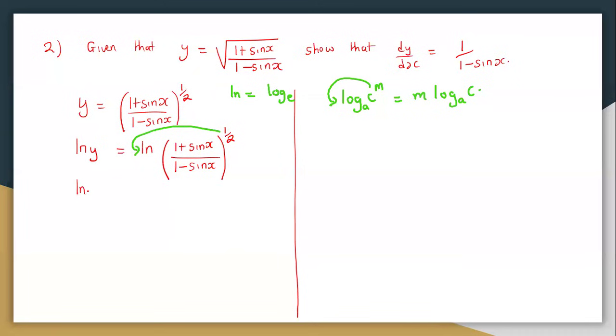So now I can continue and say the natural log of y is equal to a half natural log of 1 plus sine of x divided by 1 minus sine of x.